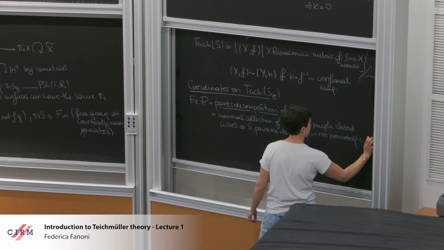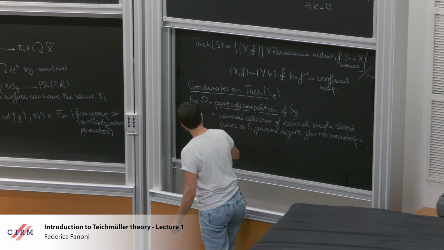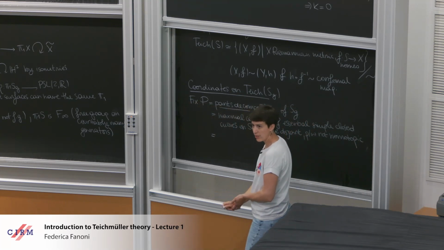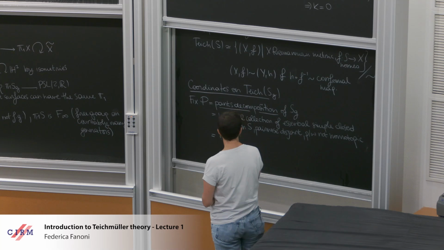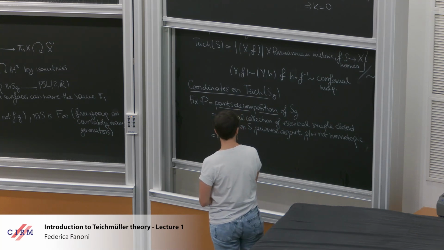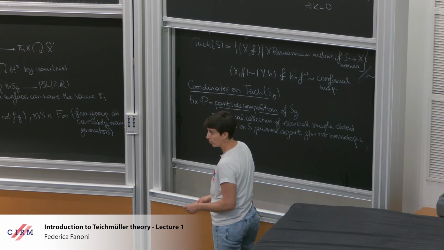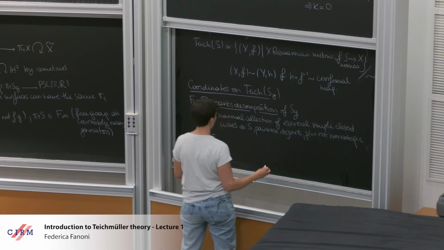And another way of saying it, here there's something to say, is that this is the same as a collection of such curves that cut the surface into what we call pairs of pants, which is where the name comes from.